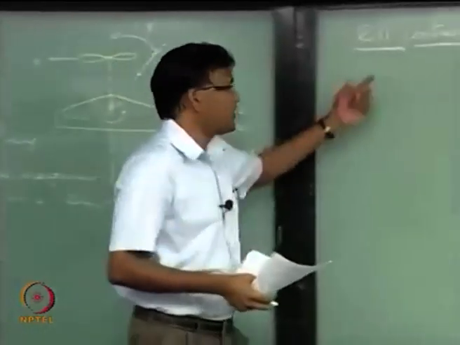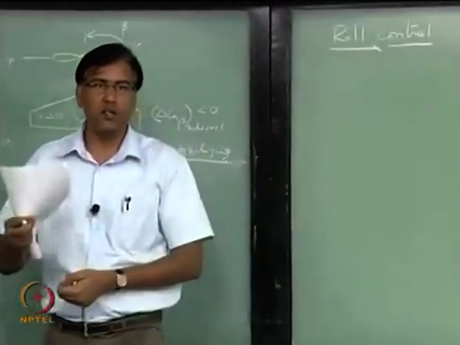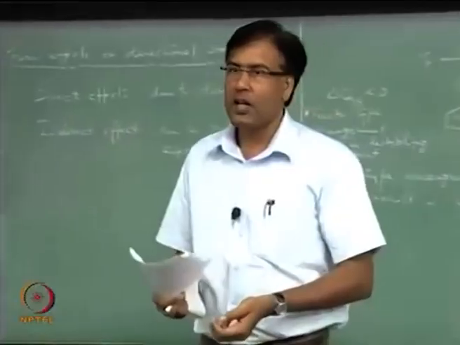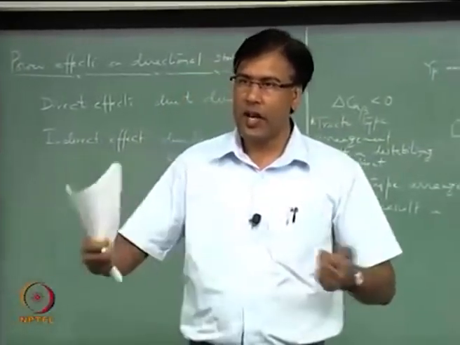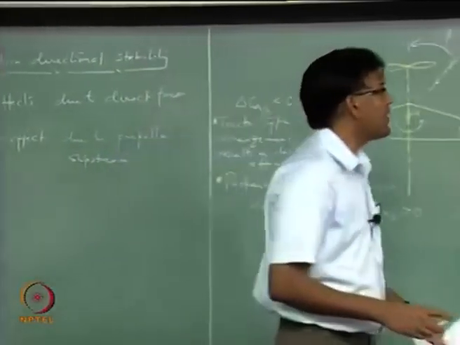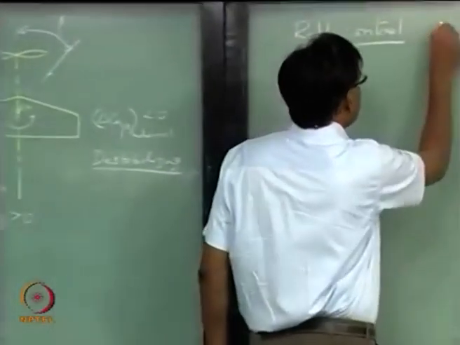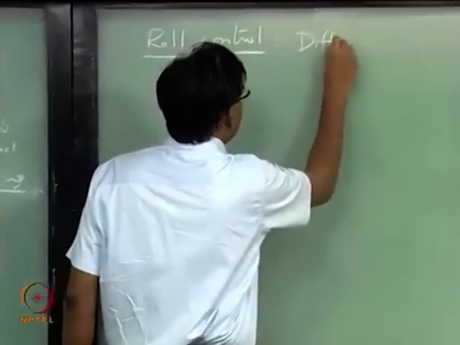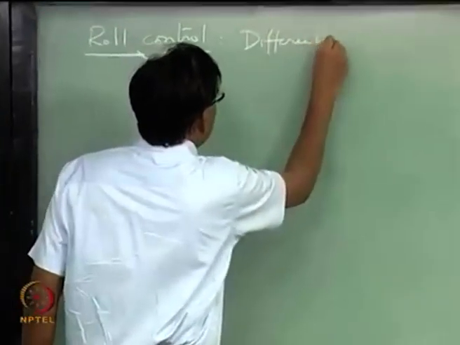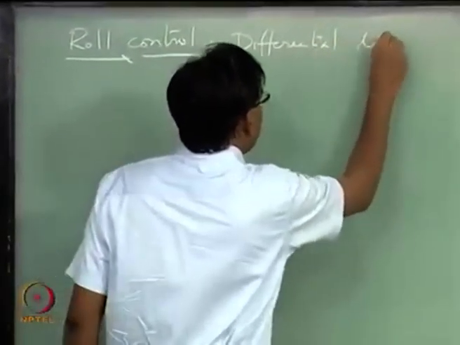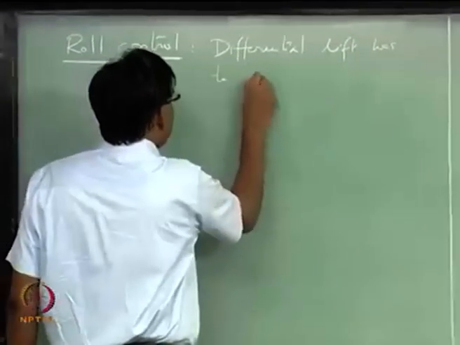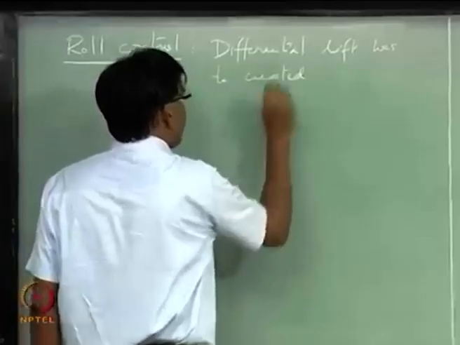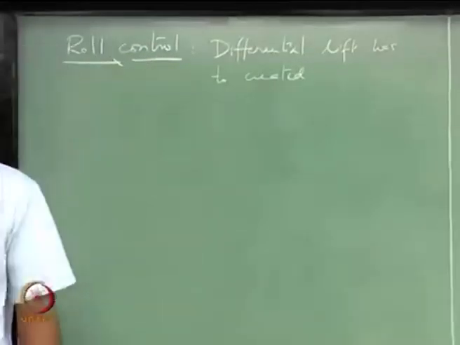So, you know that to initiate a roll motion or to control a roll motion, you have to create differential lift over the two sides of the wing, right.